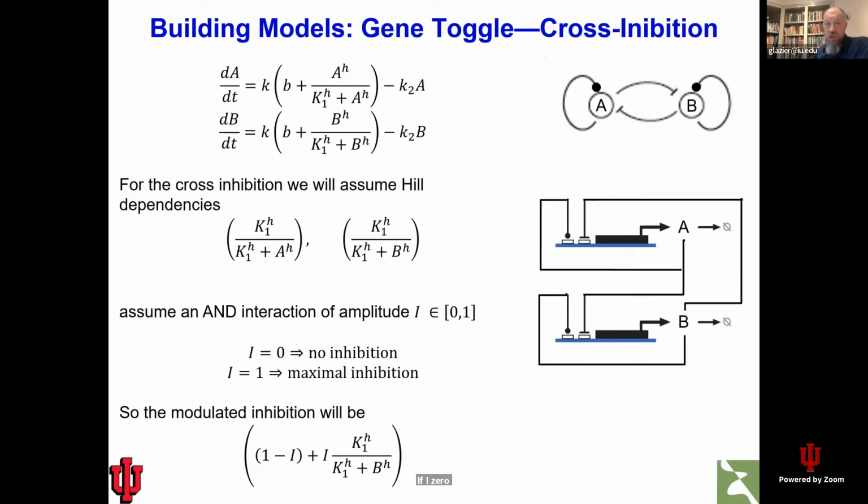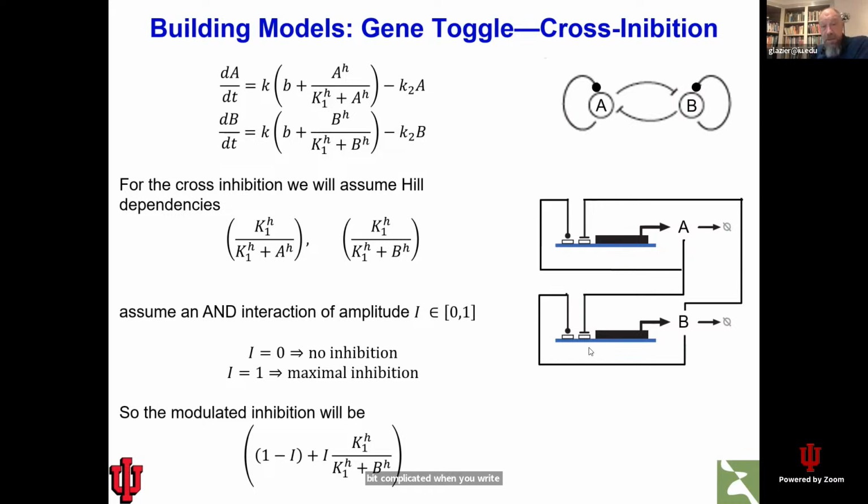And so then I want my modulator function to be between 0 and 1. And so my modulator function is going to be 1 minus I plus I times my Hill function, because my Hill function is between 0 and 1. And so perhaps it looks a little bit complicated when you write it this way.